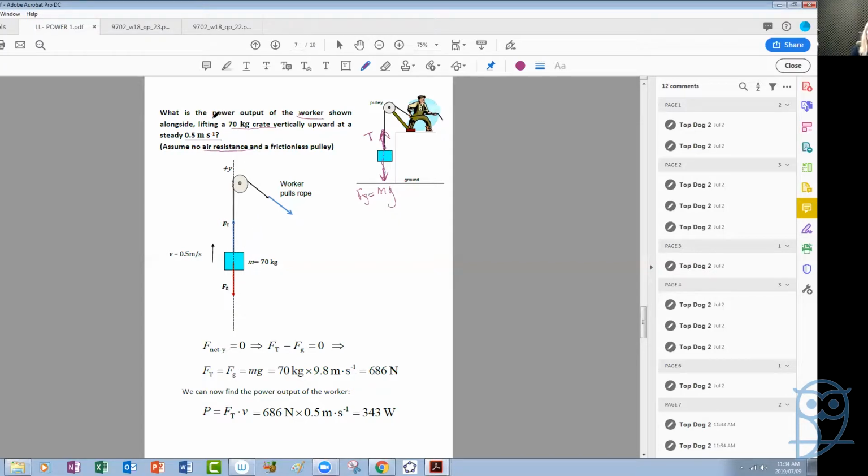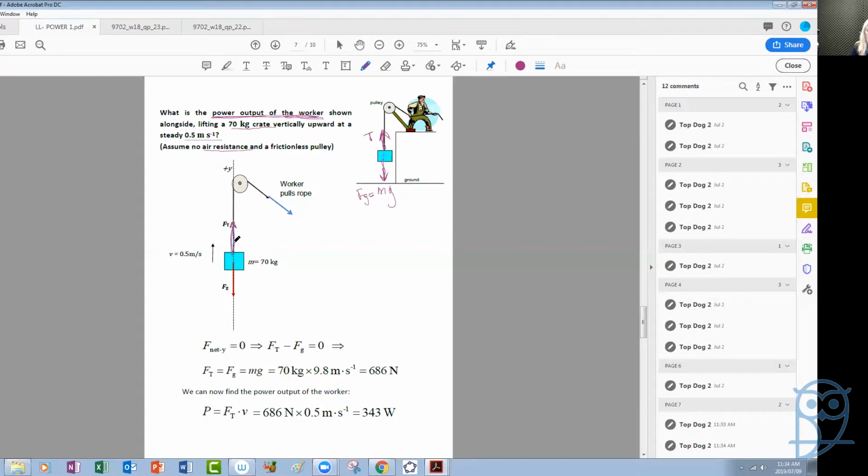Now we need to find the power output of this man, of this worker. Well, this guy exerts a force, obviously, he pulls the rope, and this force in the rope is actually represented by this tension force.